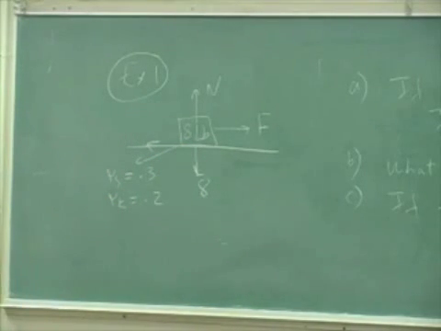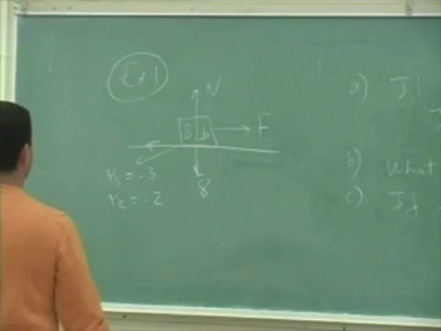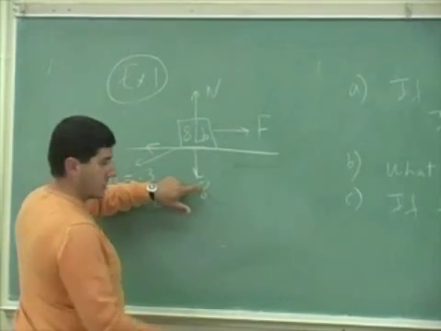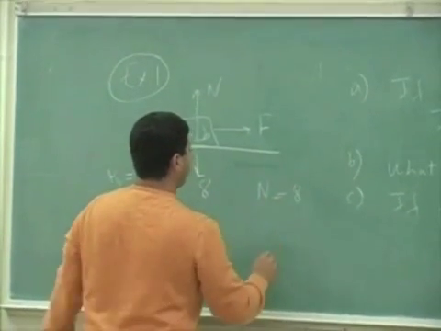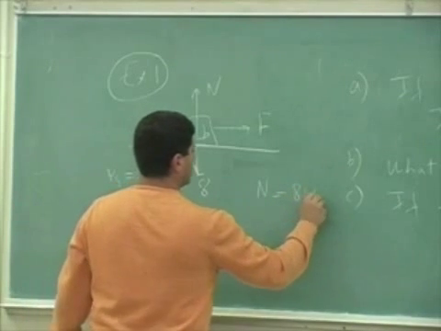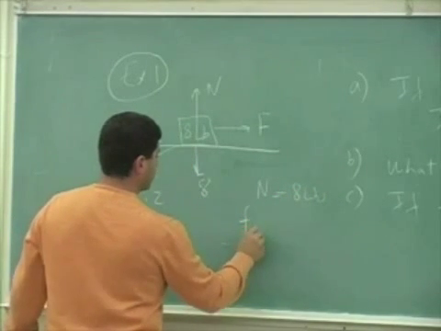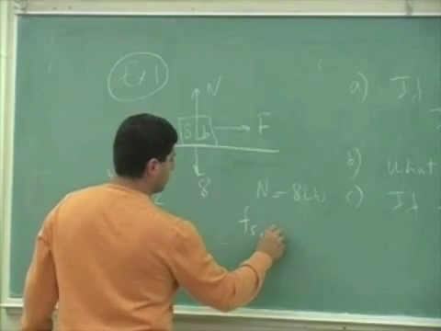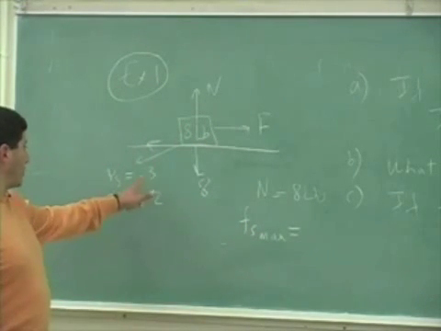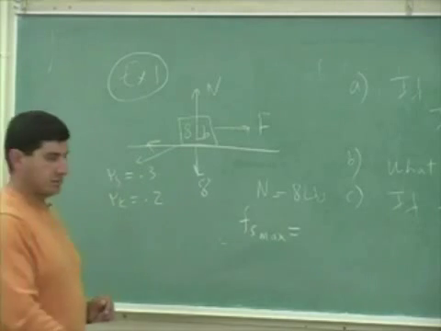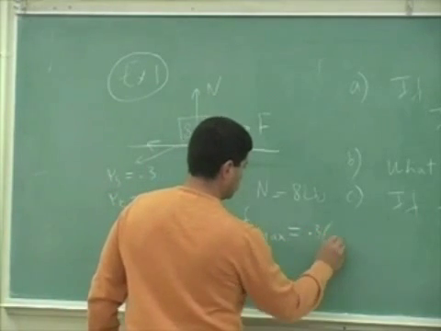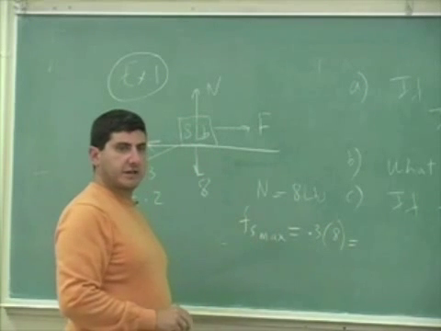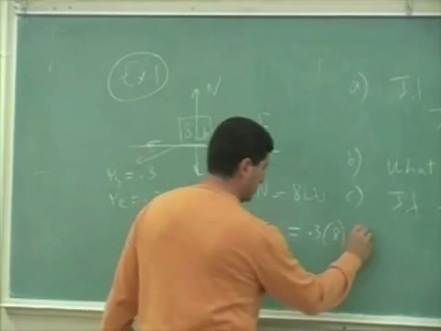The maximum that static friction can be is mu s N. That doesn't mean it's always equal to mu s N, but the maximum it can be is mu s N. So Fs max is 0.3 times 8, so Fs max is 2.4 pounds.